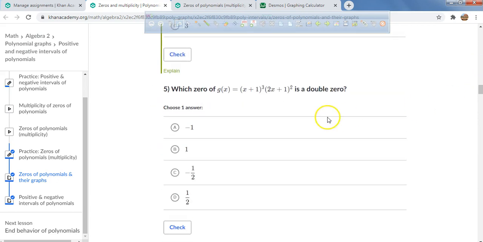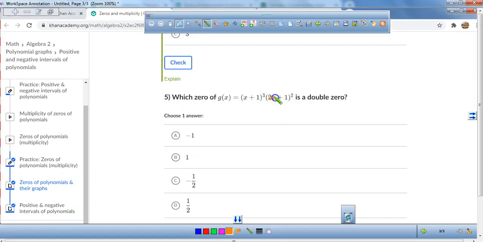All right, which one has a double 0, or a multiplicity of 2? This is one where I want you to understand the difference between these two, okay? And we're going to go and actually type this one into Desmos too, so you can see the difference. You'll notice that this is an odd degree, and this is an even degree.